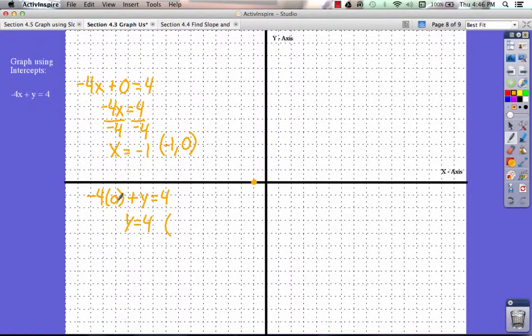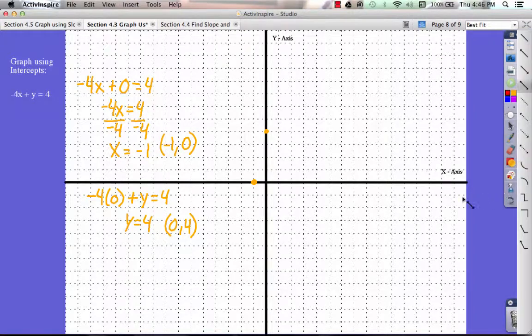We plugged 0 in for x at the beginning, so we have (0, 4). Step 4, plot this point on the graph. 0, 4, 1, 2, 3, 4, mark it. Step 5, connect the dots.